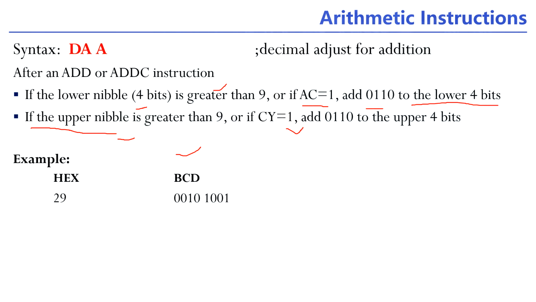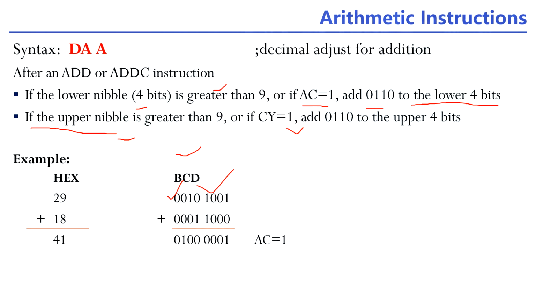The hexadecimal value 29 is the BCD number given here: this is the 9 and this is the 2, that is 29. We add here 18 hexadecimal. Now the result given is 41.